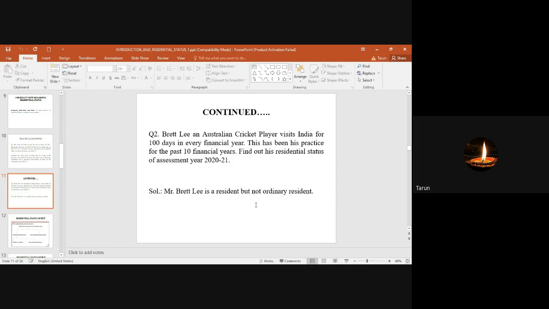The first is more than 182 days in the relevant financial year. The second condition is more than 60 days. So the condition of more than 60 days is already satisfied, plus 365 days.